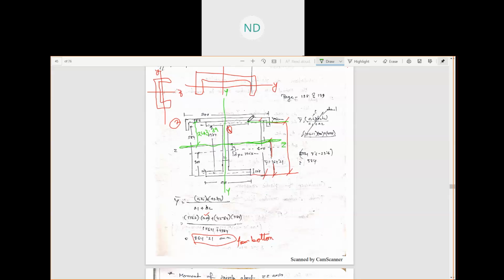So we can subtract this portion: 243.39 minus the distance which we know, the CG of the channel section from the web, 23.6. Okay, I'm sorry.